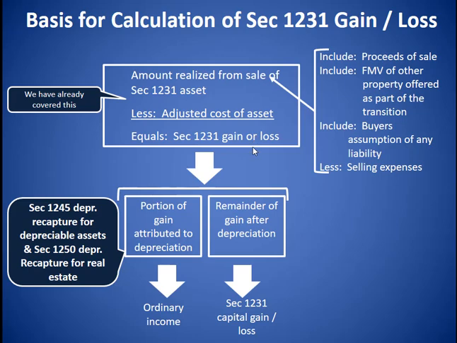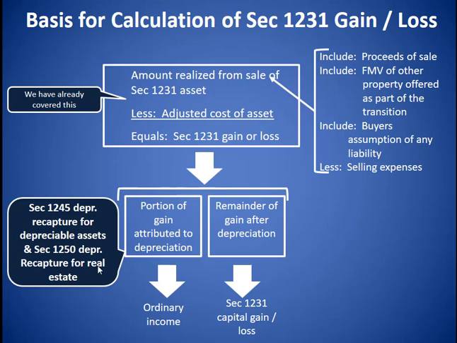Now here's where it gets a little bit tricky, because we have to apportion the gain or loss into two separate categories. One that results in ordinary income and the other one that results in a Section 1231 capital gain or loss. Now let's talk about the portion of the gain that results in ordinary income.